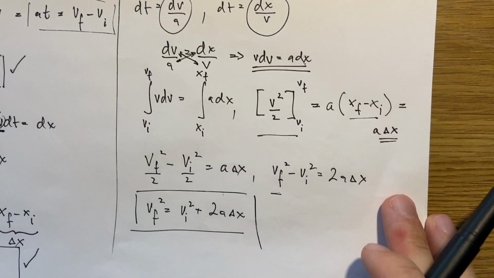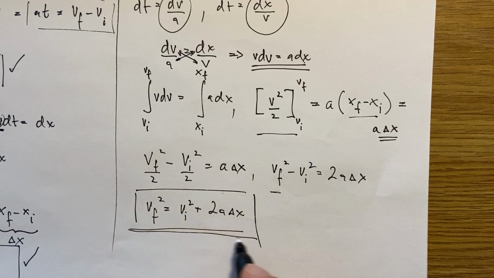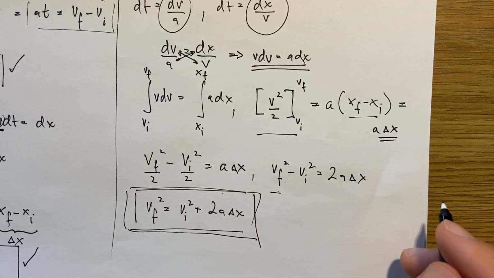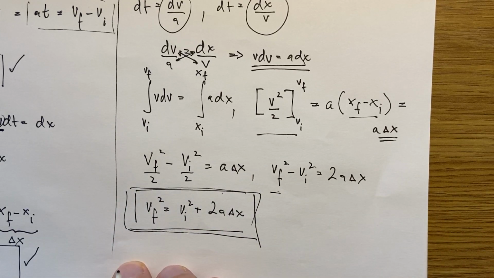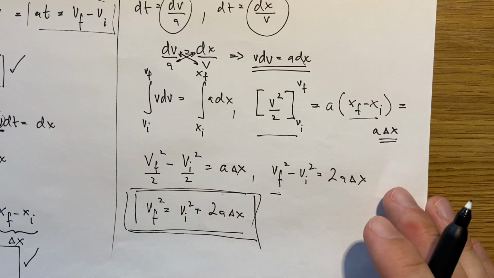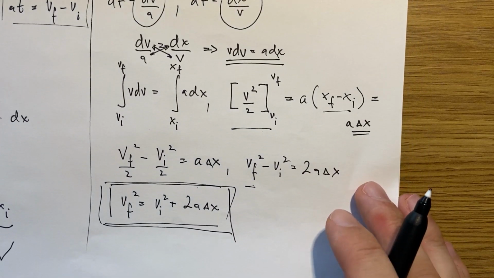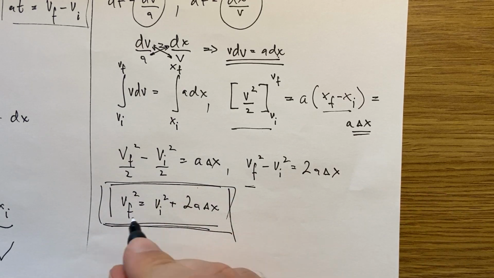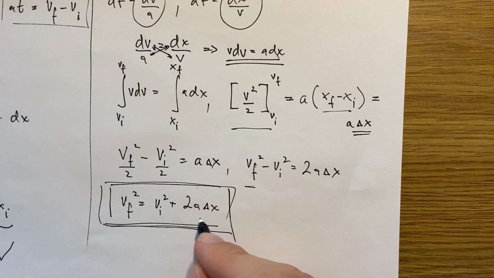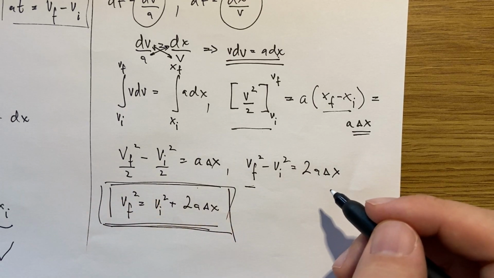And this one is probably the most powerful equation of motion, so to speak, because we combine the first two equations of motion, and it is also the only one that is time independent, since we don't have a time term in this expression.